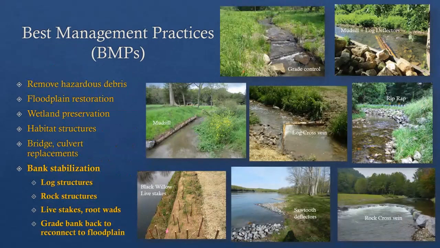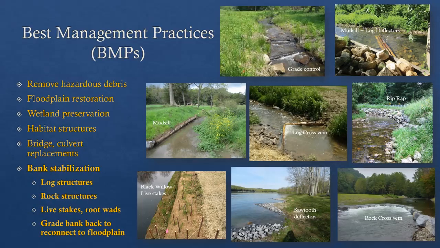We can easily remove hazardous debris in a floodplain, depending on if you need to get in a stream physically or not. That may or may not require a permit. Other things we can do, as I've mentioned a whole bunch of the time, are floodplain restoration, and wetland preservation is huge to help prevent excess stormwater from getting into our streams.